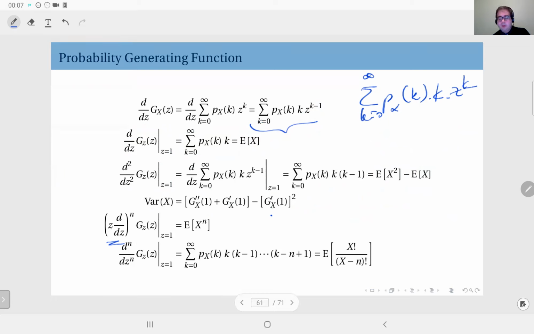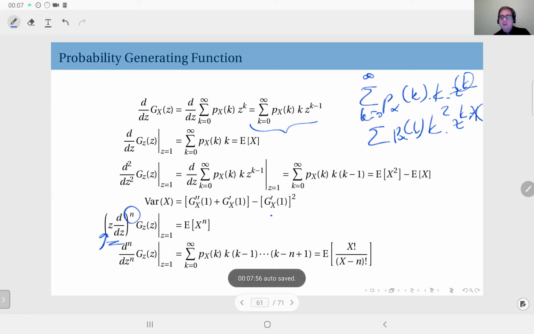If you differentiate it once more, since you will have k here, you will now have k squared z to the power k minus 1 times the PMF, and the sum. Then multiply it again by z, so you get z to the power k here. So when you repeat this n times, differentiate, multiply by z, differentiate, multiply by z, repeat this n times, and then evaluate it at z equals 1. That's how you obtain the nth moment from the generating function.